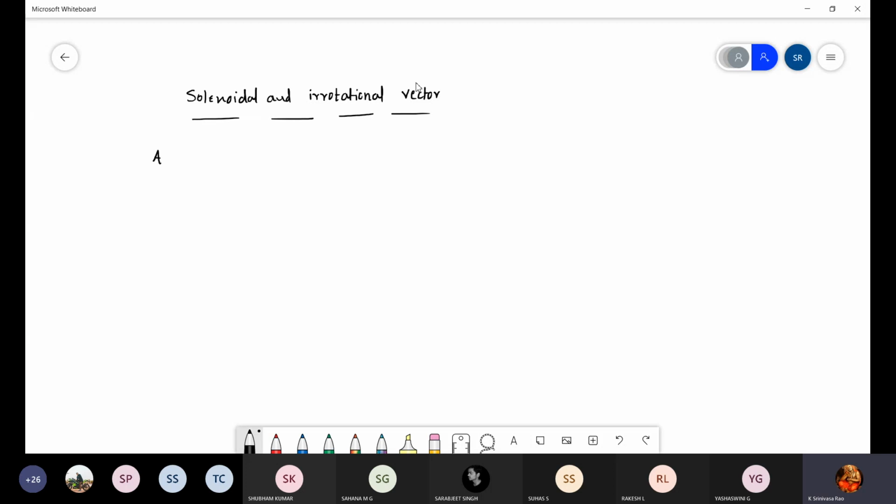A vector F is said to be solenoidal if del dot F. So what is del dot F?